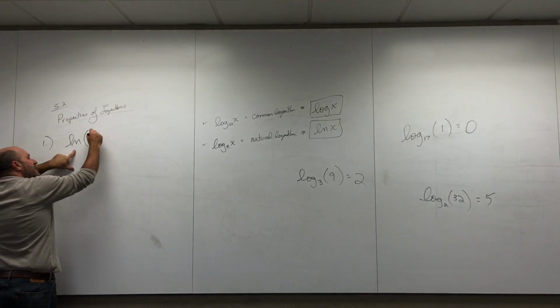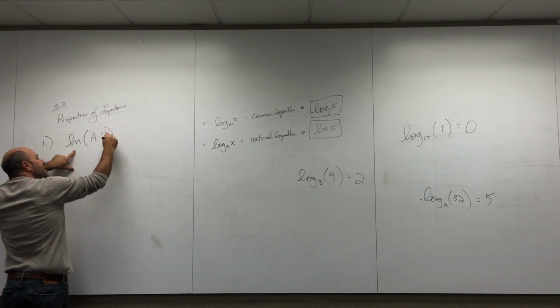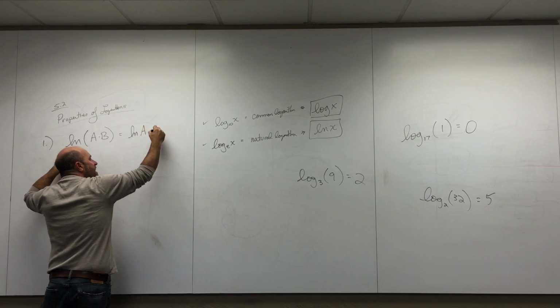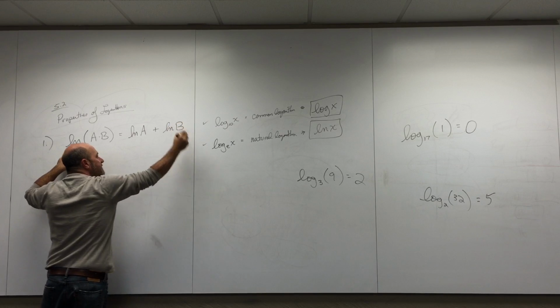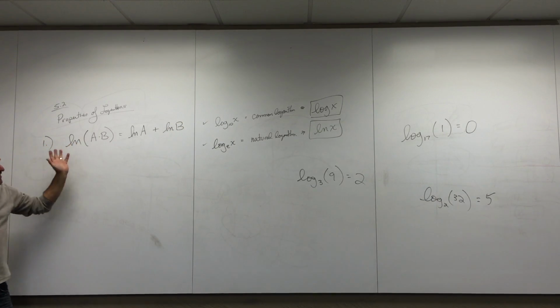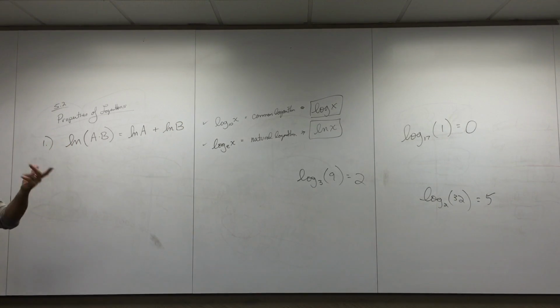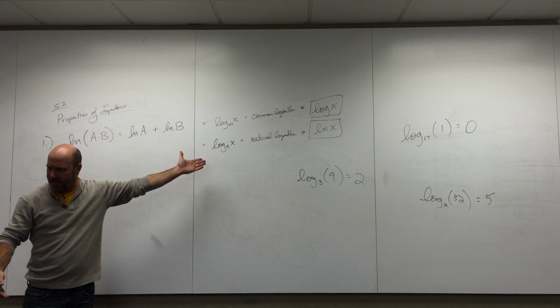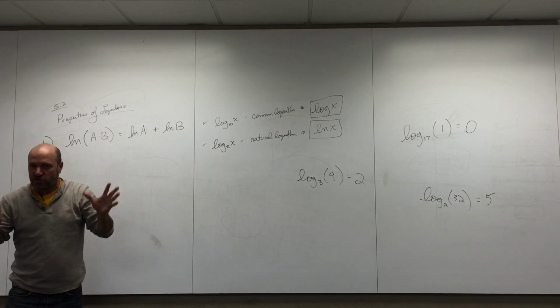Here's the rule. The log of an a times a b, this is kind of interesting. You're allowed to bust this up into the log of a plus the log of b. Now that's really kind of trippy, man. Math doesn't usually do stuff like that. You don't take a product and turn it into addition. These are special log properties.